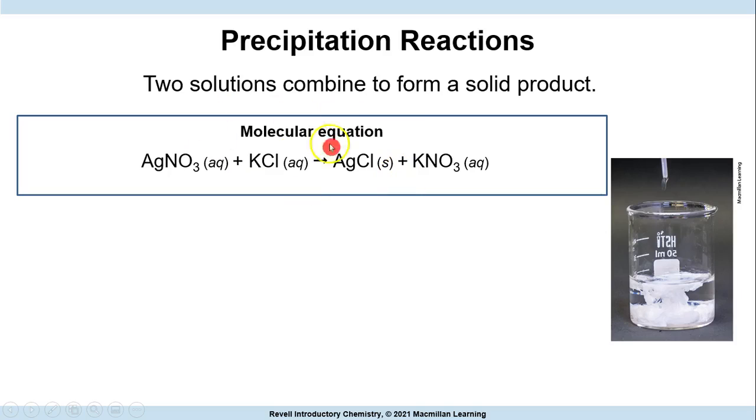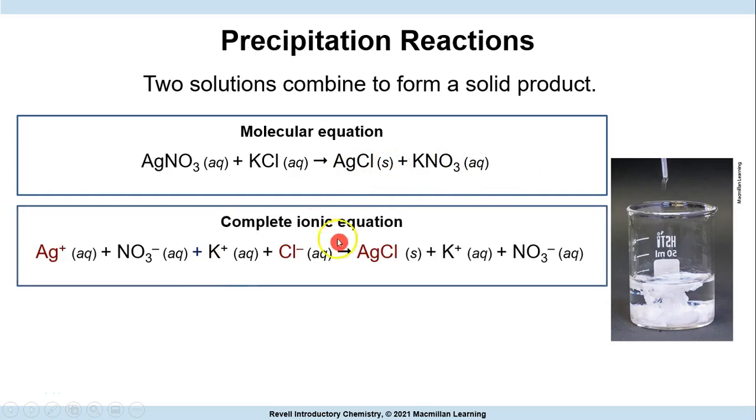An example here is silver nitrate and potassium chloride. This is the molecular equation. We are going to see the ionic equation, the total ionic and the net ionic. Silver nitrate and potassium chloride combine to form silver chloride and potassium nitrate. The driving force here is the formation of the solid silver chloride.